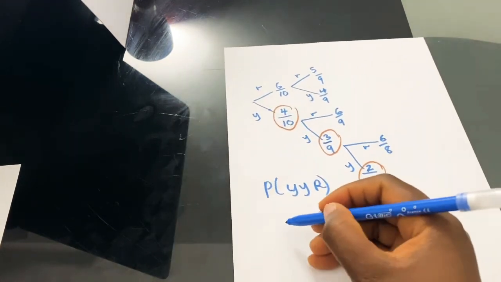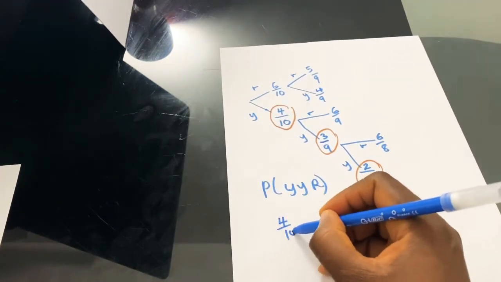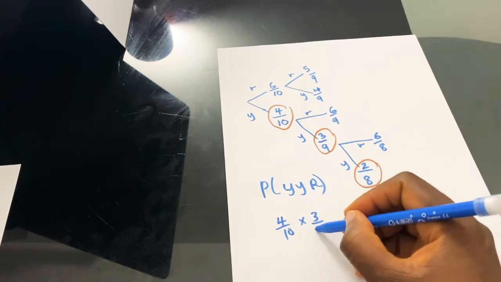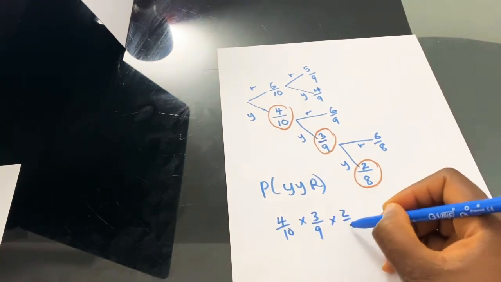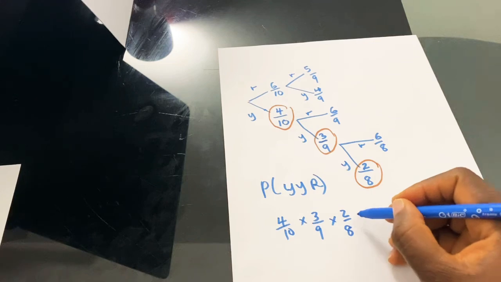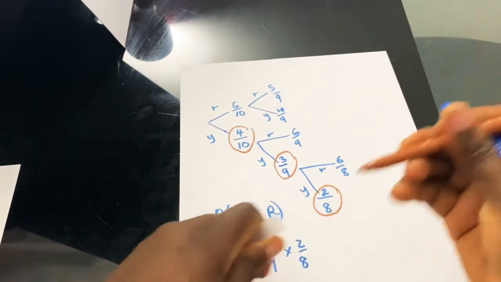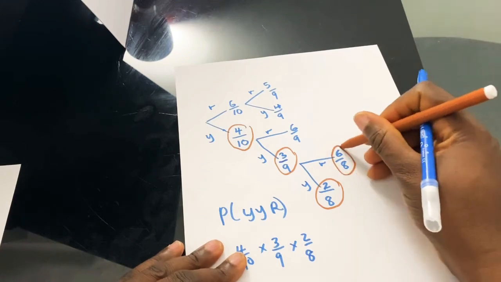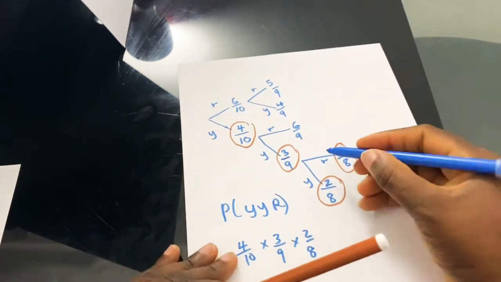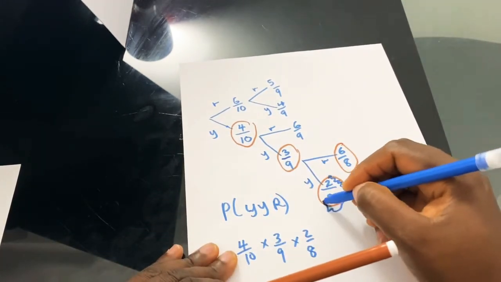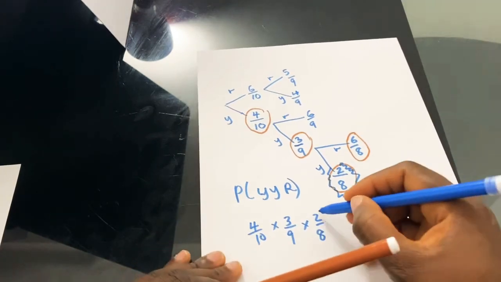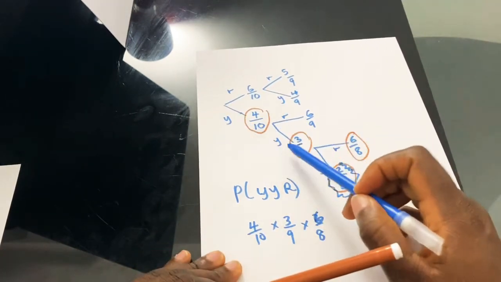Okay, 4 tenths times 3 9ths times... no, I'm sorry, this is the one that we're after. I was wondering why I was getting 2 8ths. So that would be 6 8ths, because we want yellow, yellow, red.